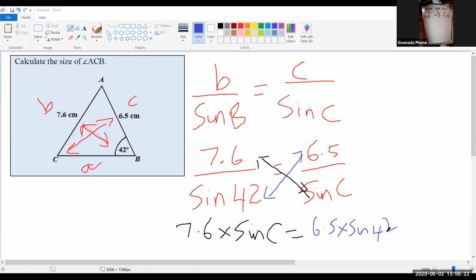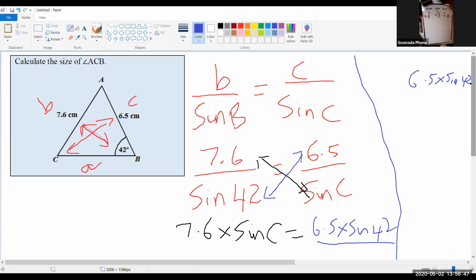Any questions so far? No, sir. Okay, so let me write back this here, right? So 6.5 multiplied by sine 42.